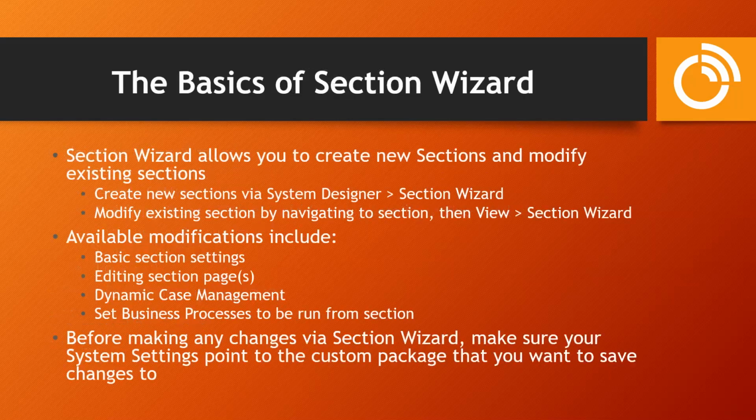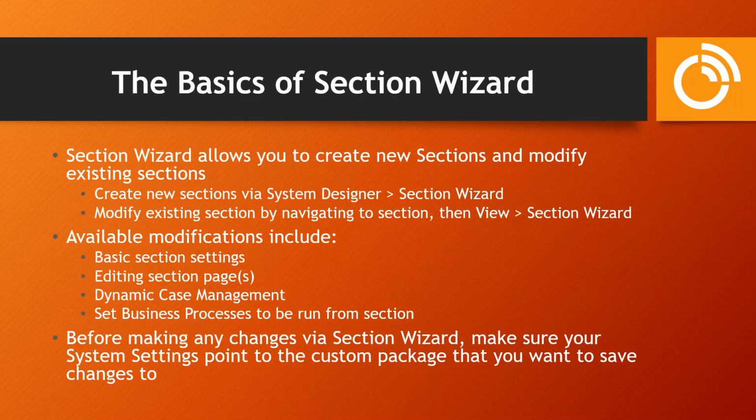So the basics of Section Wizard. Section Wizard allows you to create new sections and modify existing sections. You can get to this from a couple different places, but the main one is you go into the System Designer and then Section Wizard. You modify existing sections by navigating to the section itself.